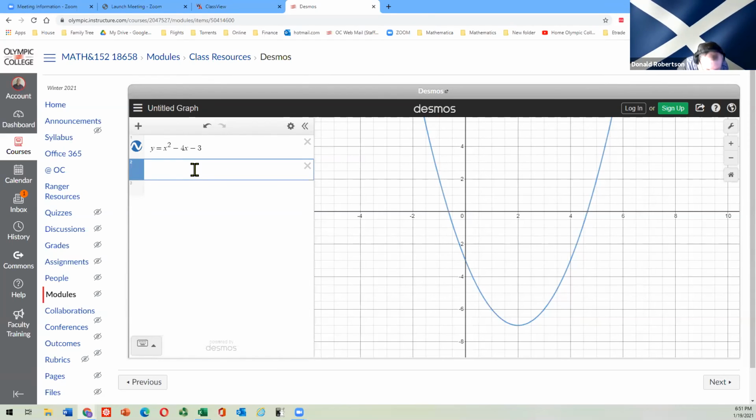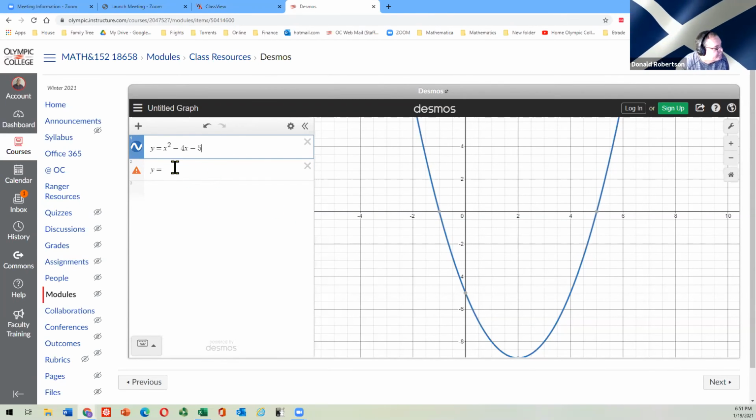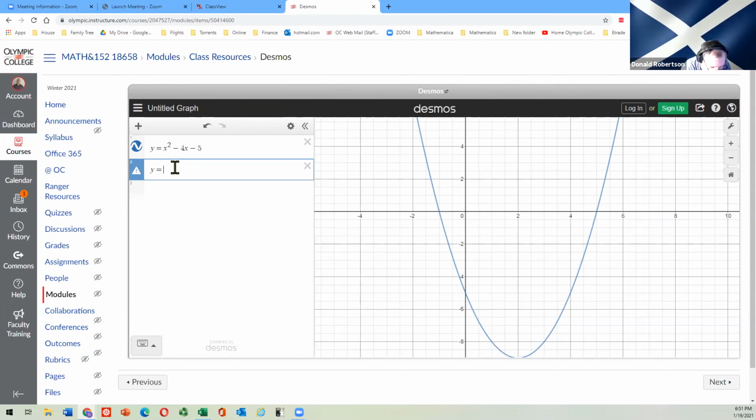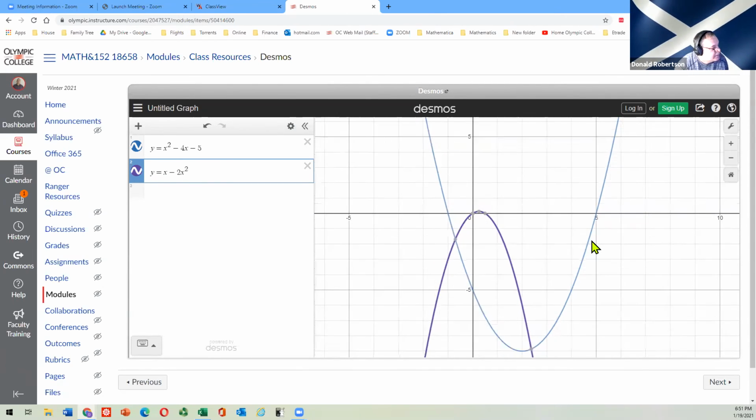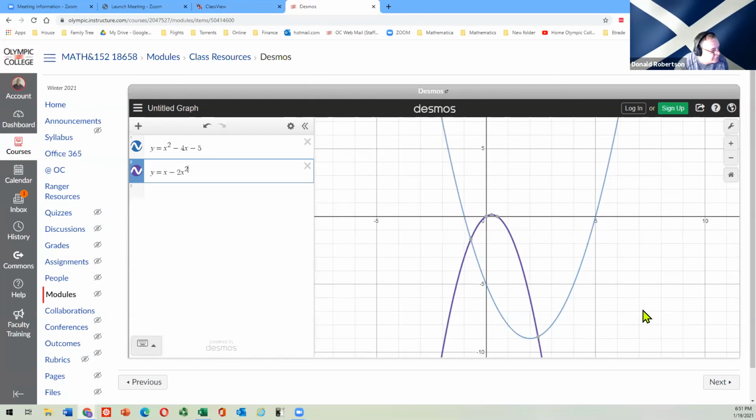Okay, and I'll do my second curve now. Tweak that a little bit. Yeah, that's better. And my second curve's going to be... looks good. I just need a little tweaking on this one.